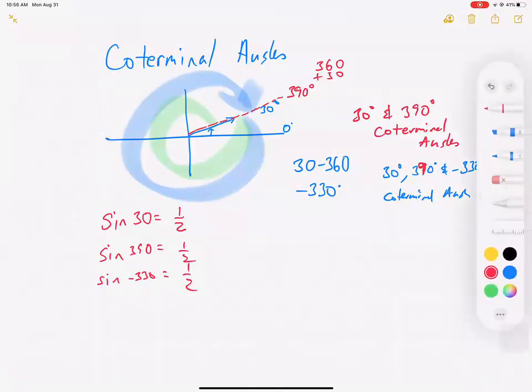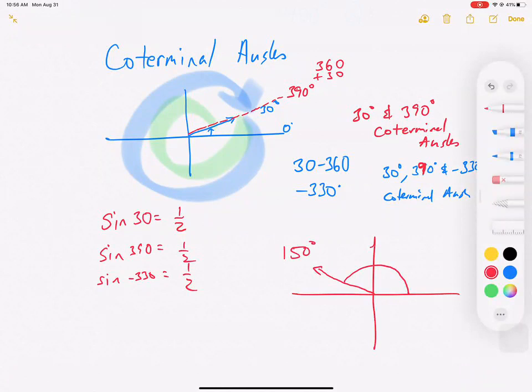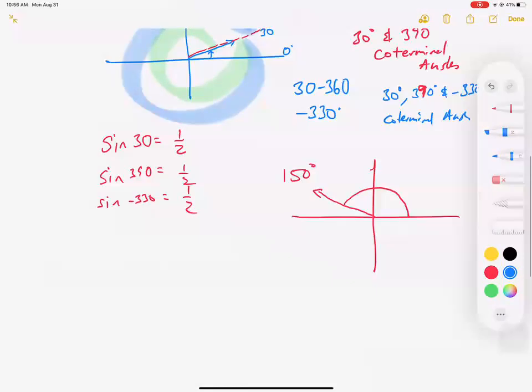Well, let's give you guys another easy one. Let's use the angle 150 degrees. Draw a new circle over here. 150 is over here on the left hand side. 90 plus 60 is 150. So from here, I would like us to find two more coterminal angles, one ahead and one before.